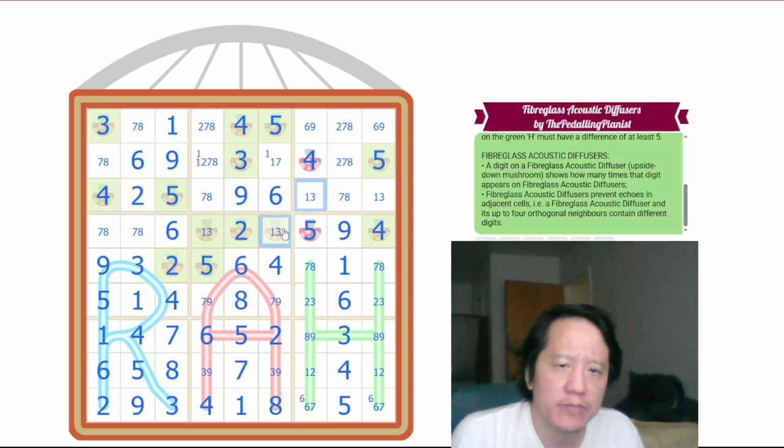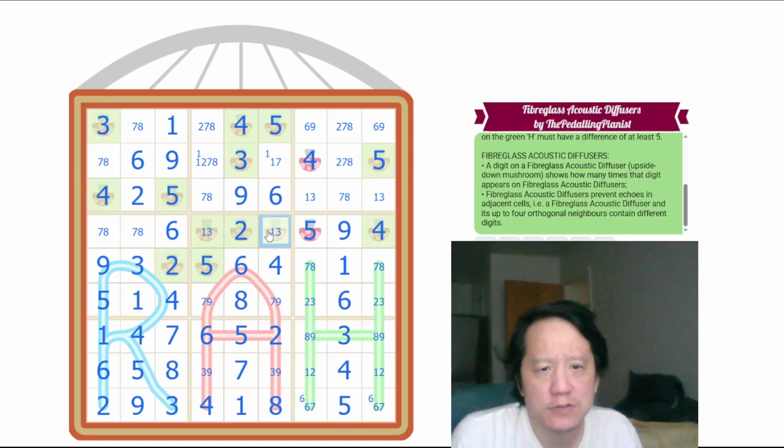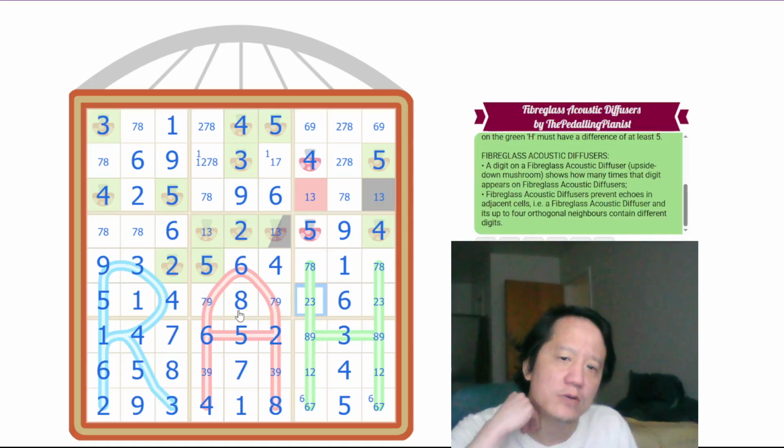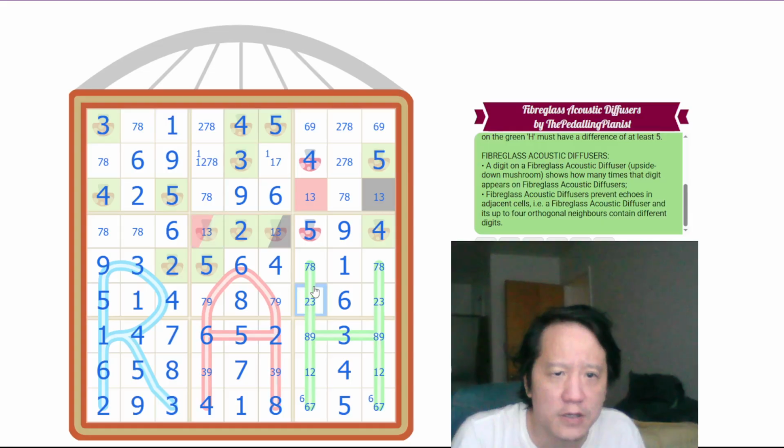Okay, maybe we color these. So this we're gonna mark dark, and this has to be a different digit, so we'll make that red. So then this is dark there. So therefore, this is red here. So red cannot be here or here. So red has to be one of these two.